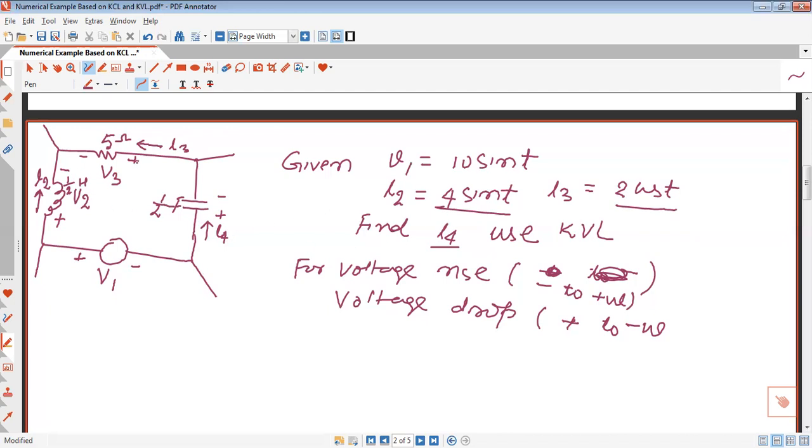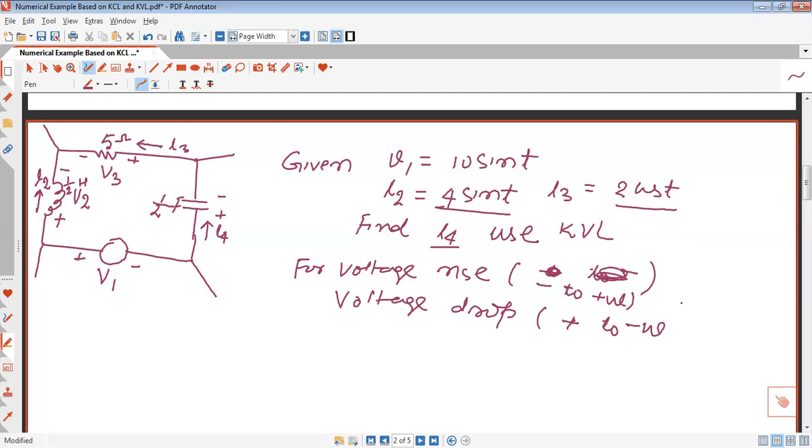Once the sign is assigned based on the direction of the current flowing, the very important thing is we have to take voltage rise. Voltage rise means if we move from the negative terminal to the positive terminal.